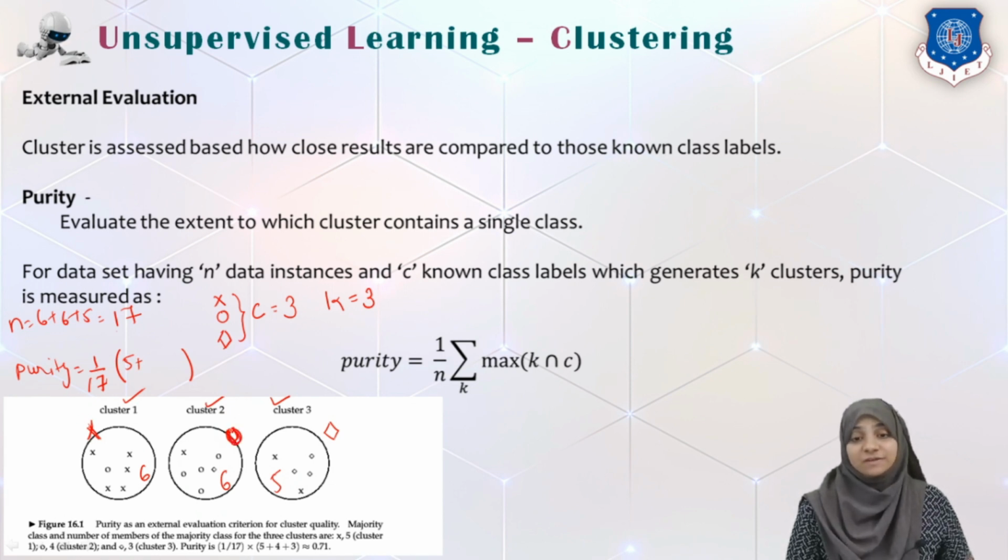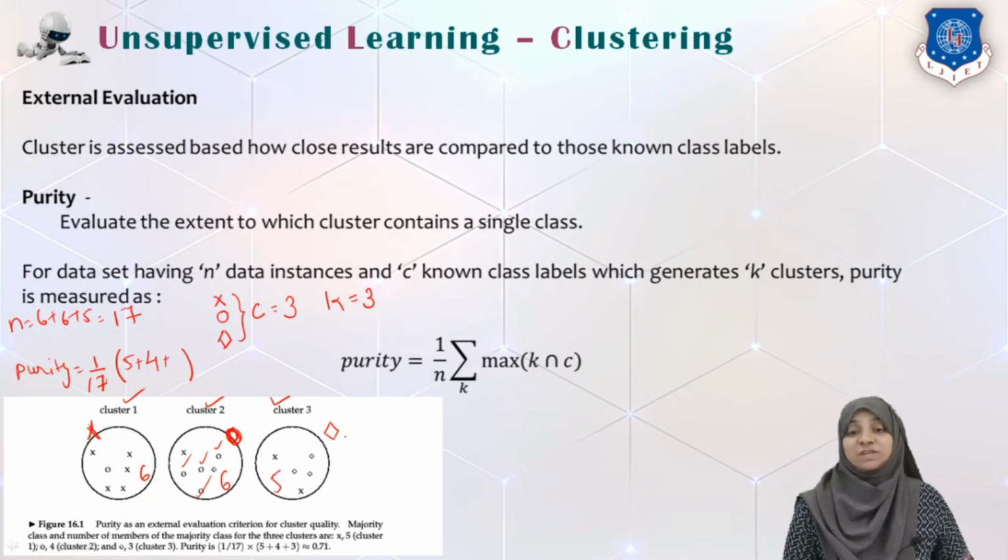Now second cluster majority is O, so we will calculate how many samples of type O are there in second cluster. So in second cluster 1, 2, 3 and 4. 4 samples are of O type. In third cluster we will calculate majority of samples. So majority is diamond, so diamonds are 1, 2 and 3 only. So 3 samples are there.